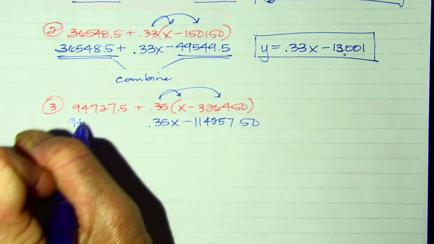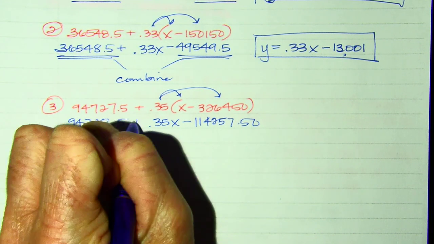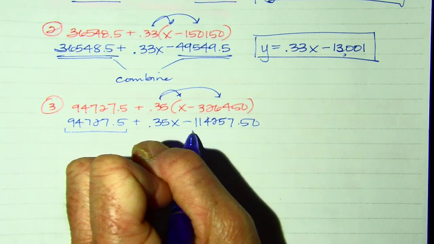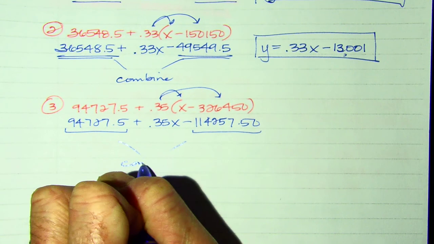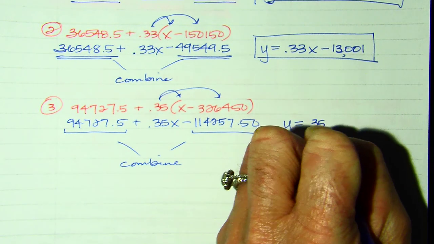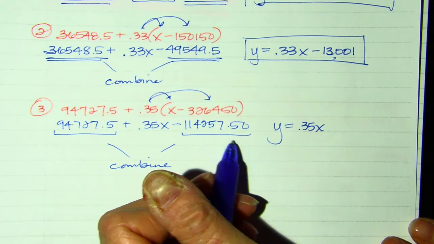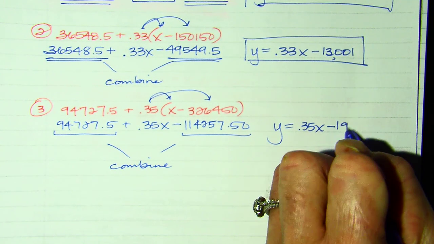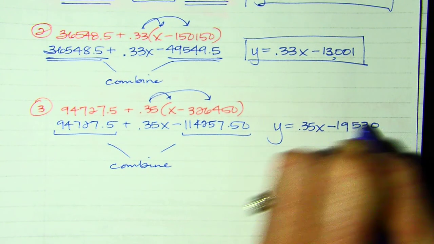Bring down this first number and combine like terms. So y equals 0.35x. 94,000 minus 114, I got negative 19,530.